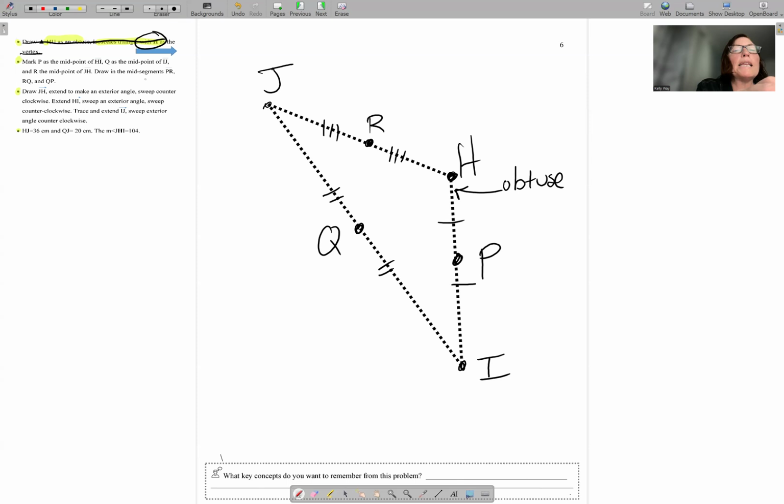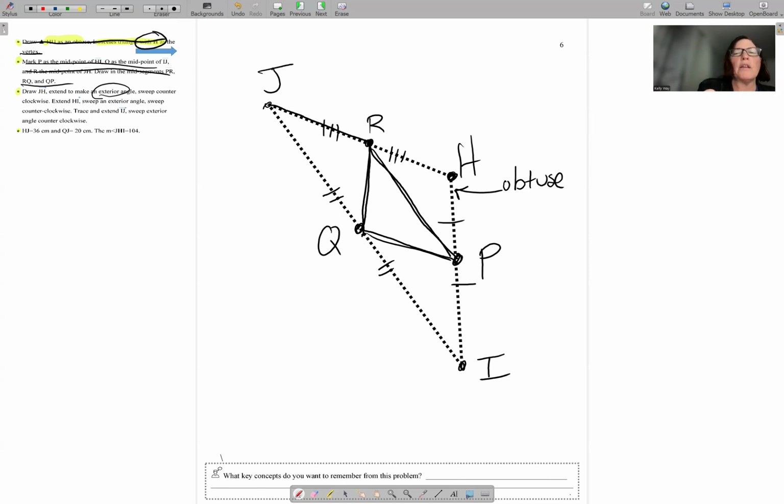And you're going to draw in the mid segments: PR, PQ, and QR. Those are all mid segments. You're going to draw and extend JH, making an exterior angle.